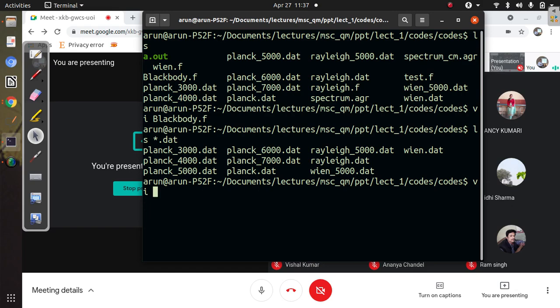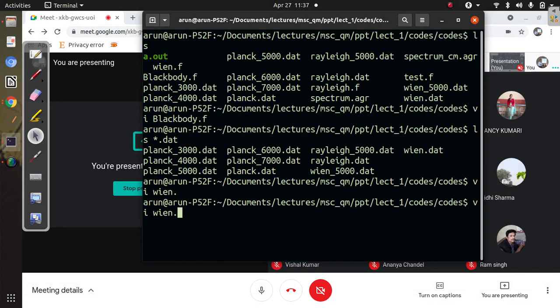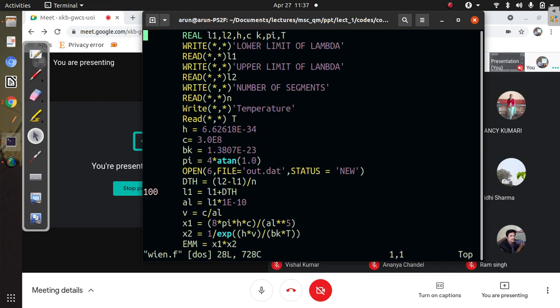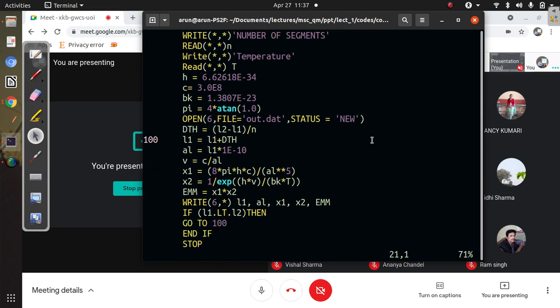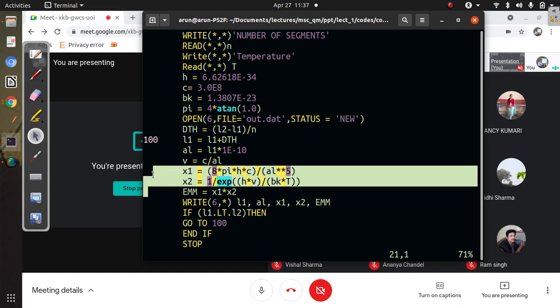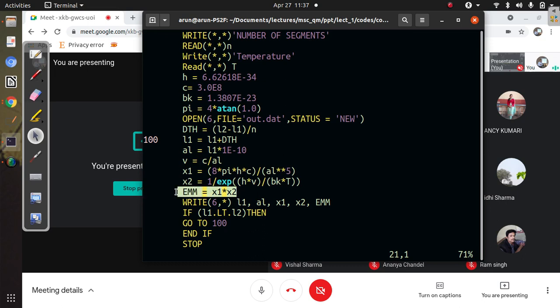Similarly, I have written the code for Wien's law. So this is the code for Wien's law. Basically these two terms define Wien's law, and when we multiply, EMM is basically the emissivity, right?